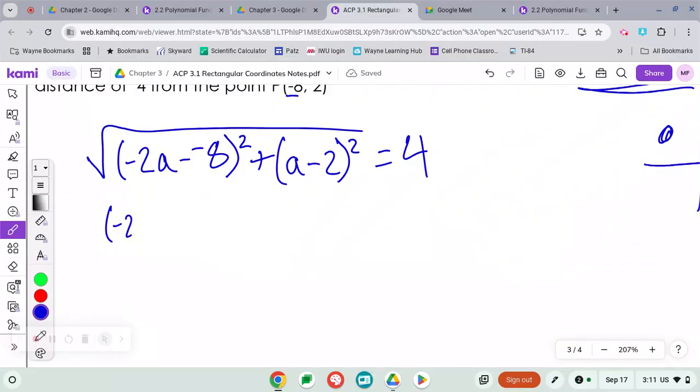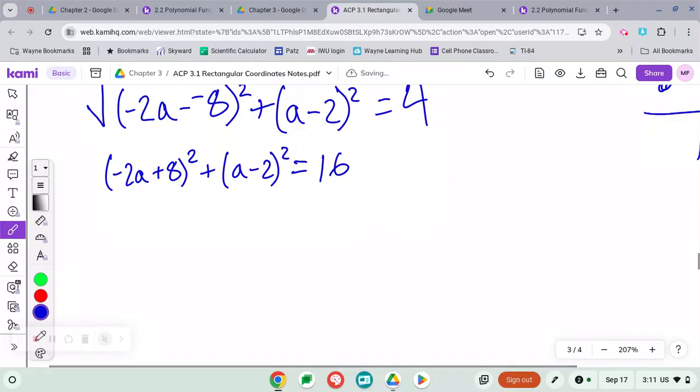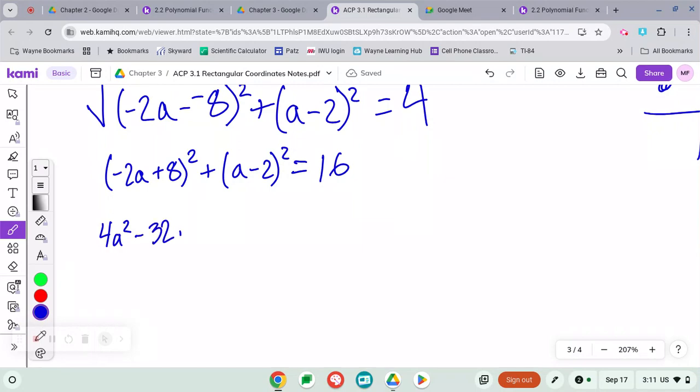I'll be left with this, negative 2a plus 8, all that squared, plus a minus 2 squared, all that equals 16. We square the left, each of those, that'll become 4a squared, minus 32a plus 64. Once again, write it down if you need to, plus a squared minus 4a plus 4. All this will equal 16.